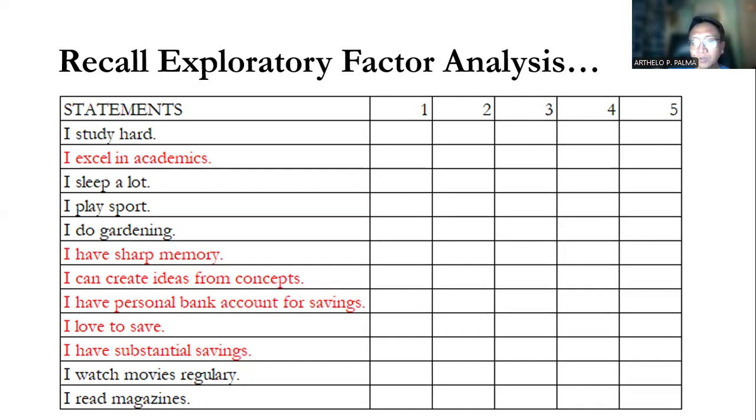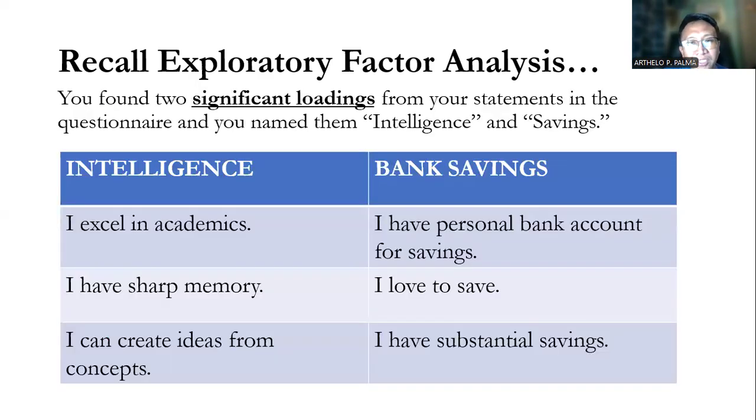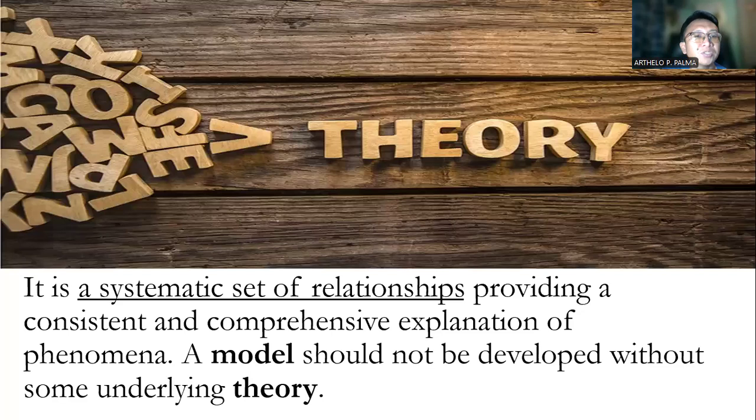So you only have two factors, for instance, out of this questionnaire. So you have created intelligence and bank savings. I'll get back to you with these concepts later. I'll use these concepts as part of the example or illustration.